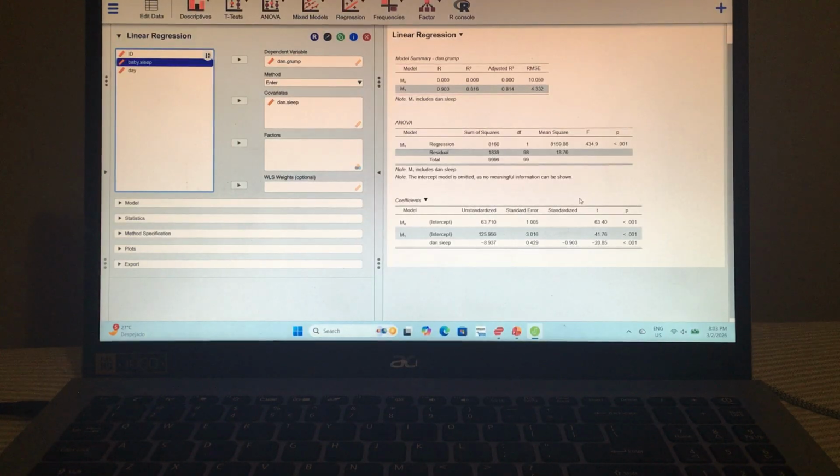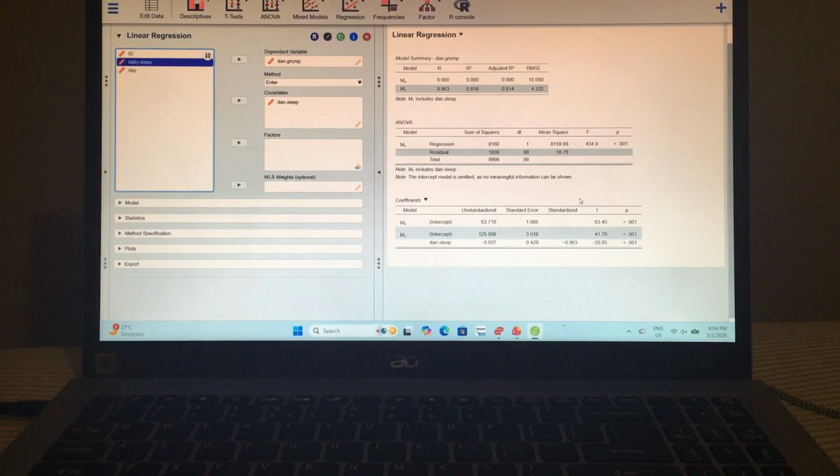All right. Putting this together, our regression equation is the estimated y subscript i equals 125.956 plus the negative 8.937, and then that gets multiplied by x subscript i.